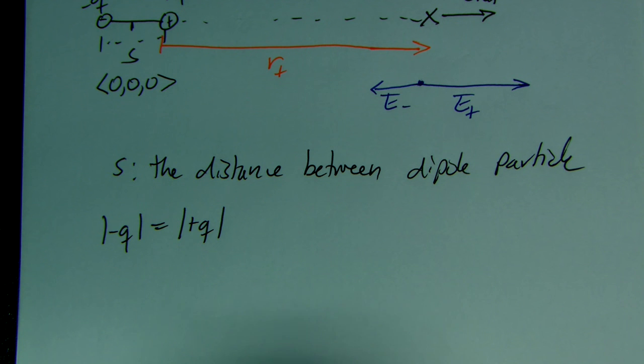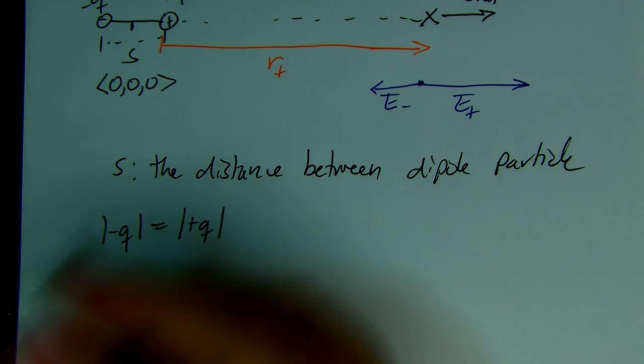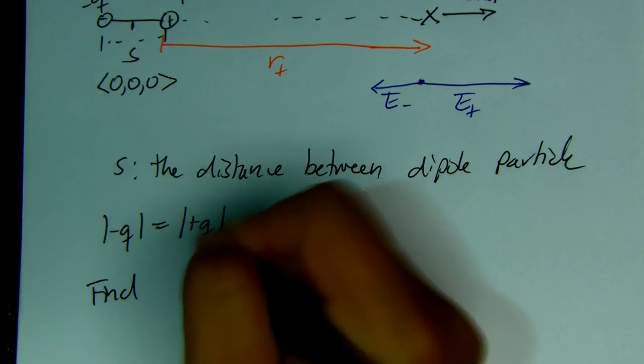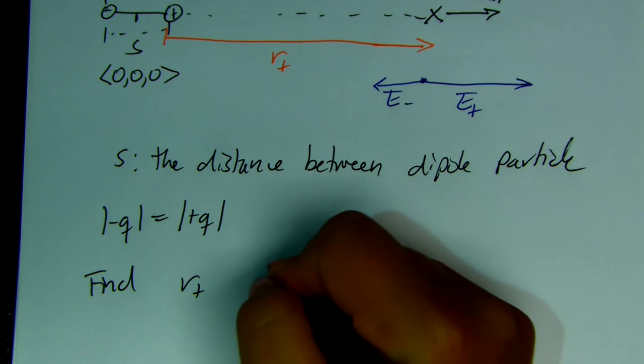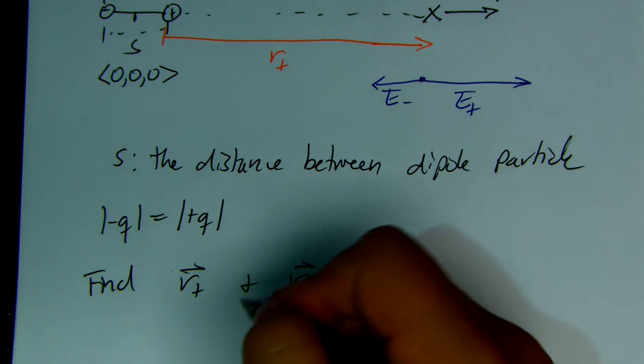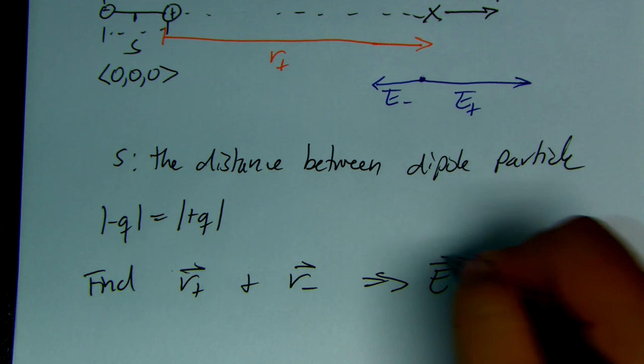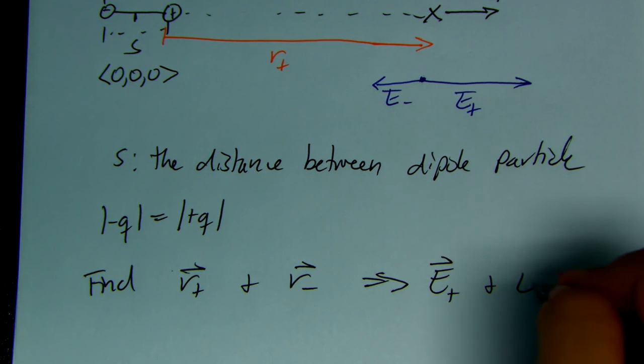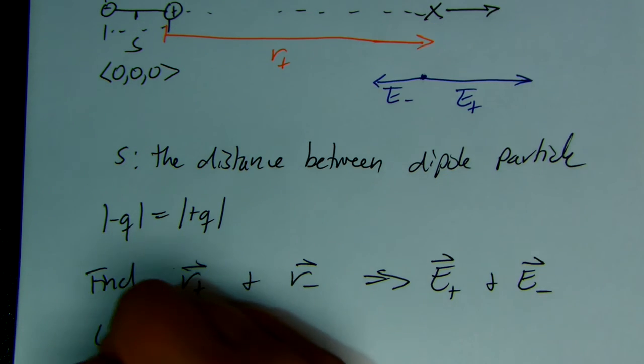Okay, so to go ahead and do this derivation, we need to find r positive and r vector negative, and then use them to find the electric field positive and the electric field negative, and then sum them together.